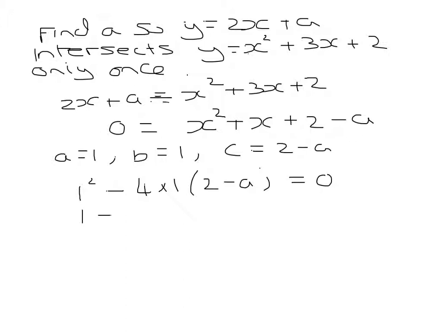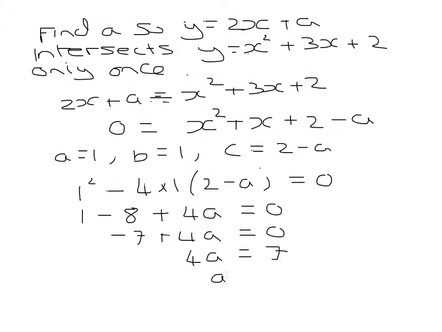So 1 minus 4 2's are 8. And then negative 4 times negative a gives us positive 4a equals 0. So minus 7 plus 4a equals 0. 4a equals 7. Nope, got that wrong. A is equal to 7 over 4 for only one intersect.